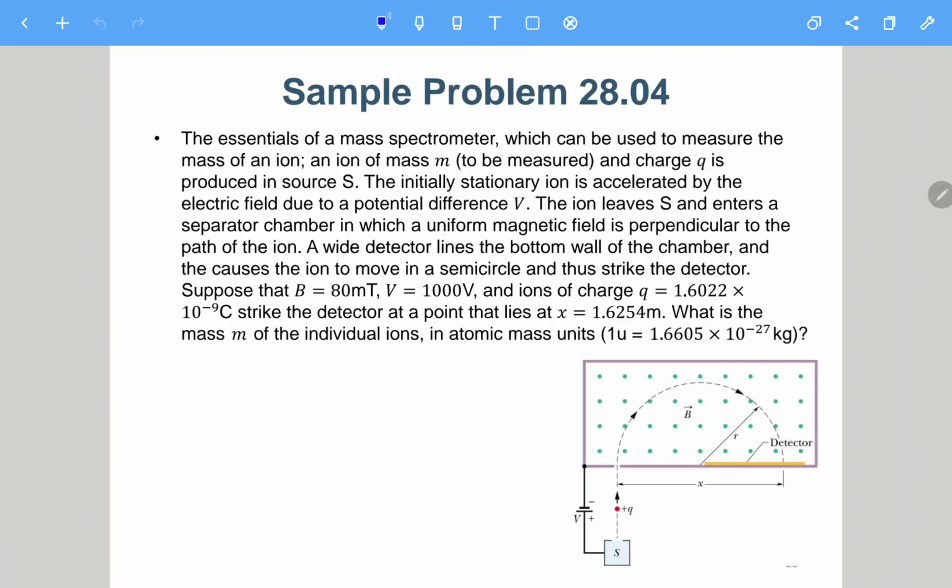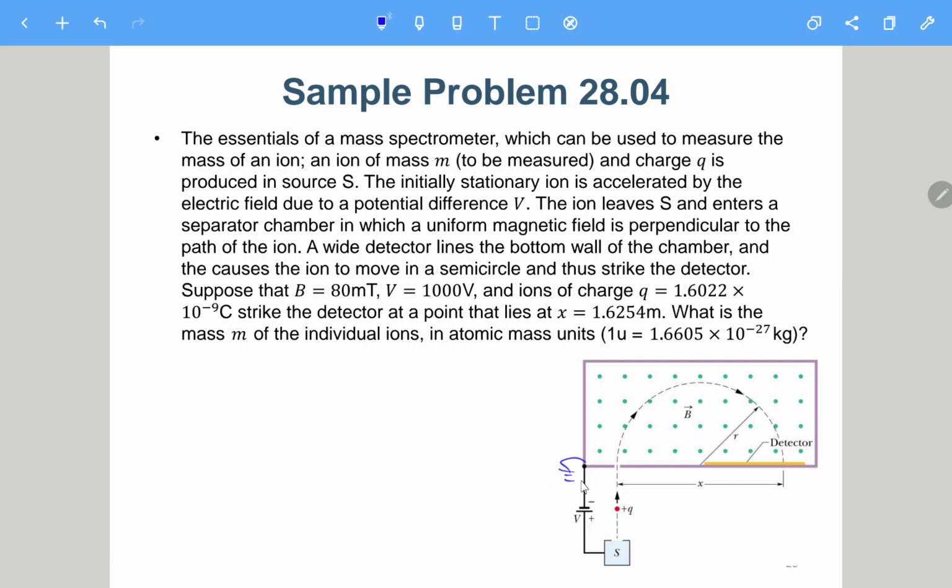Okay. Yeah, so here we have another sample problem. Let me finish this one, and then we can have the end. It says the essential of a mass spectrometer, which can be used to measure the mass of the ion. The ion of mass and charge Q is produced in source S. Okay, so this is the source. This is the ground.